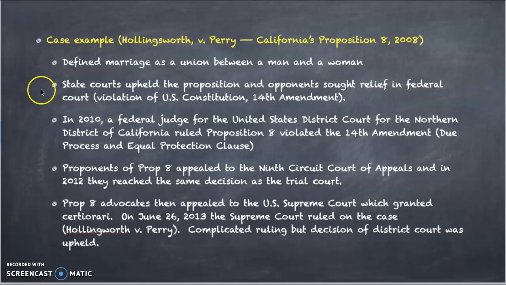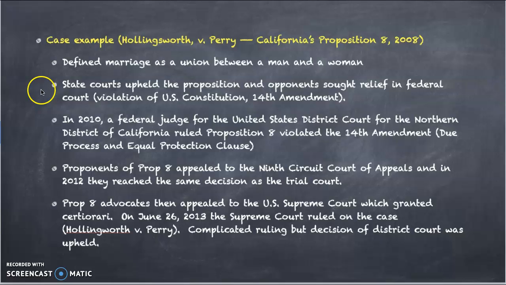The state courts upheld the proposition, and opponents sought relief in federal court, claiming a violation of the United States Constitution, specifically the 14th Amendment. So in 2010, a federal judge in the Northern District of California ruled that Proposition 8 violated the 14th Amendment, the Due Process Clause and Equal Protection Clause. All right? So he basically invalidated Proposition 8.